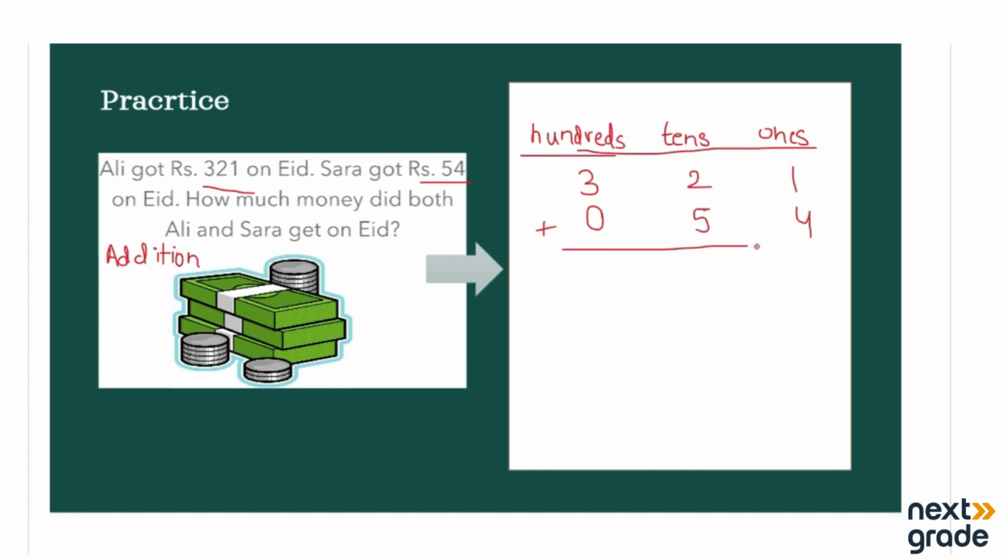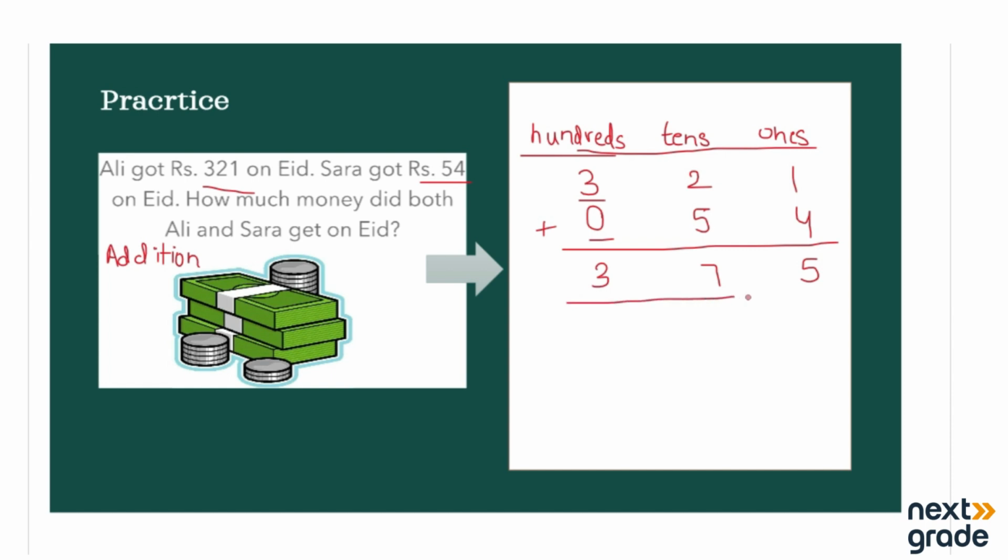Alright, let's add all the numbers together. 1 plus 4 is 5, 2 plus 5 is 7, 3 plus 0 is 3. That's right. Whenever we add 0 to any number, the answer is the number itself. So we write over here 3.